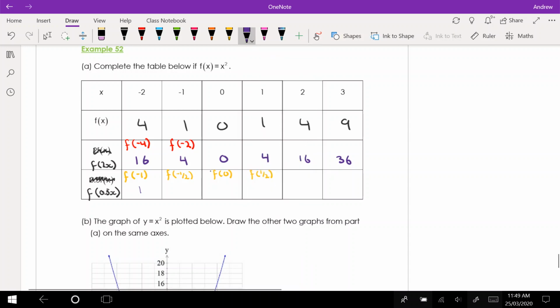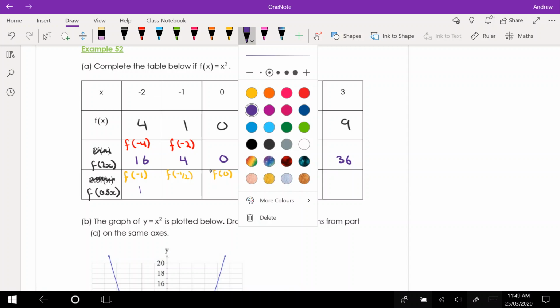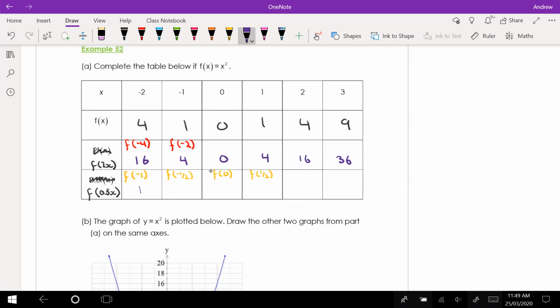I don't know why these are changing on me. What's negative a half squared? What's a half times a half? 0.25, or 1 over 4.